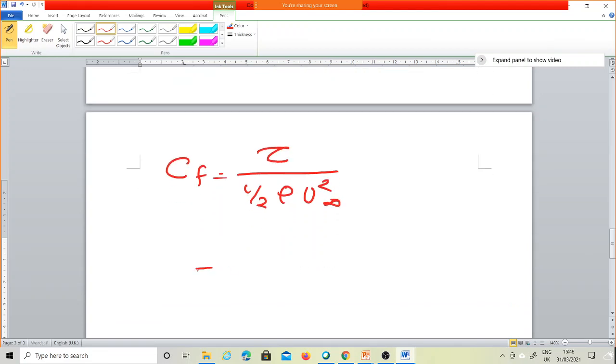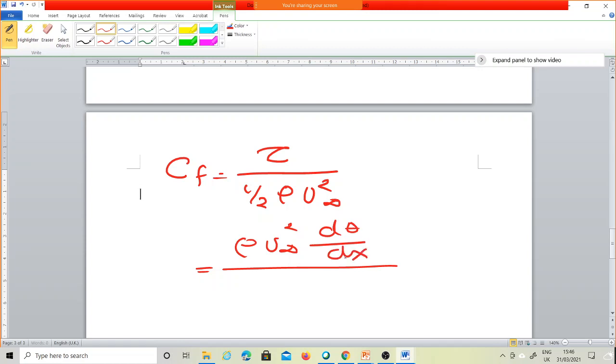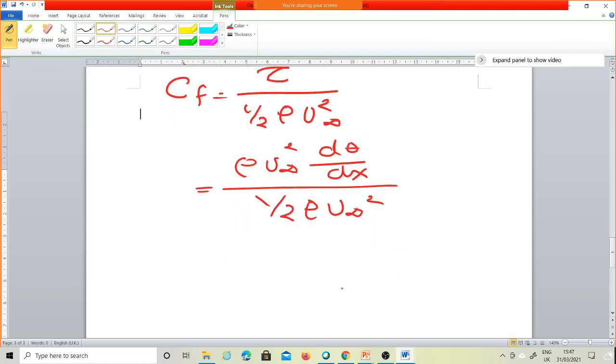Tau in this case, according to the von Karman integral form, we can represent as rho u infinity square d theta by dx, right? And then we have half rho u infinity square. Just substitute the value of tau. Then if you simplify it, you will get 2 d theta by dx.